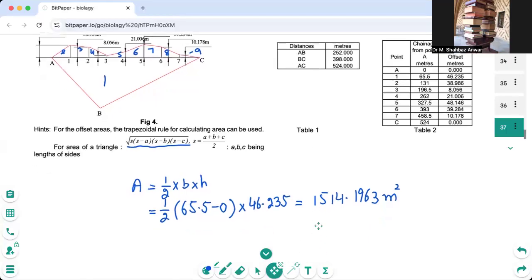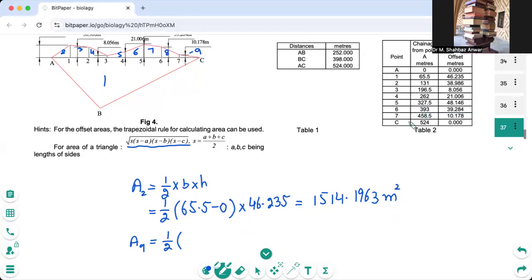Now, in the same way, we can calculate the area of triangle number 9. So I will call it area number 9, and this is equal to 1/2. Now, how will we calculate the base? The coordinate of C minus the coordinate of point 7.